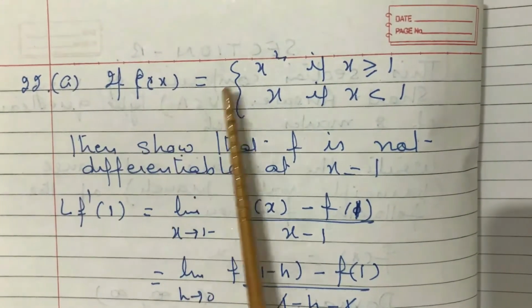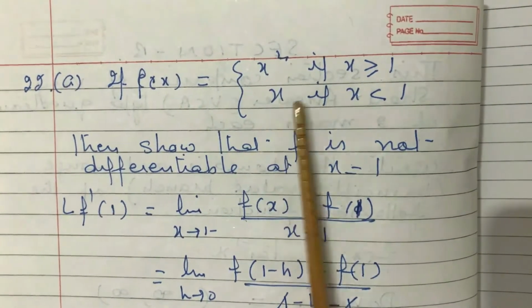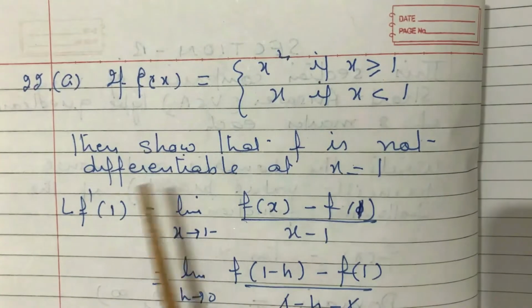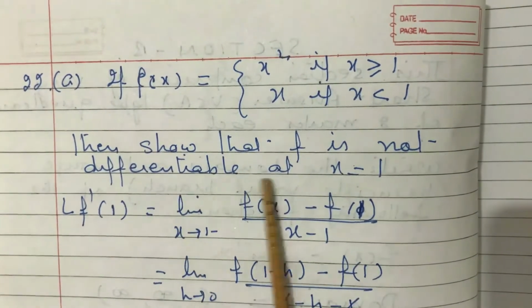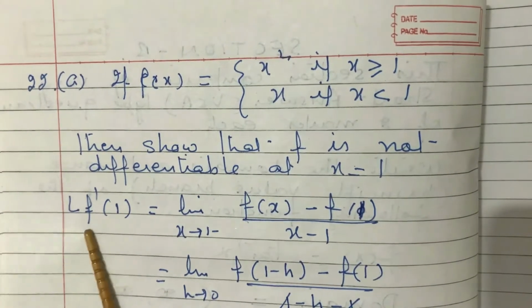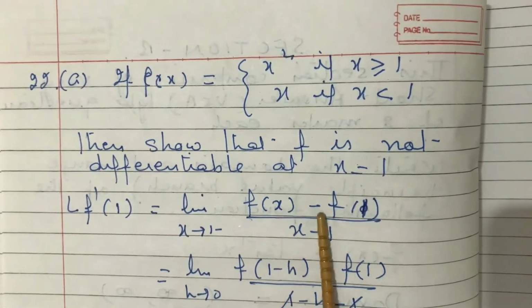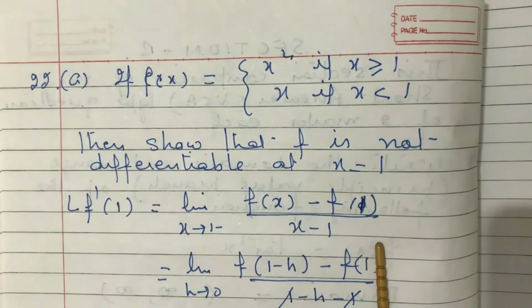If f(x) is equal to x square if x is greater than or equal to 1, and this is equal to x if x is less than 1, then show that f is not differentiable at x is equal to 1. So left hand derivative f dash 1 is equal to limit x tends to 1 minus of (f(x) minus f(1)) upon (x minus 1).